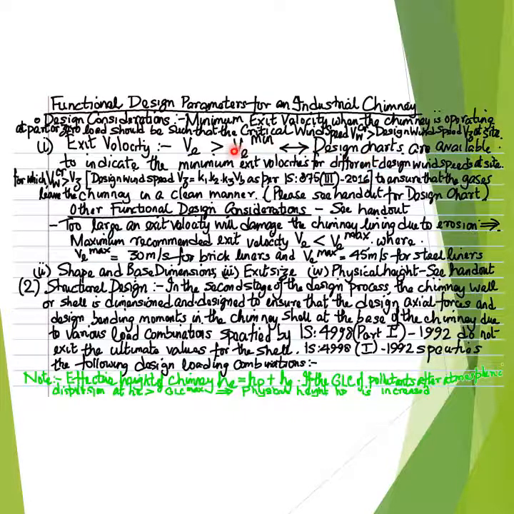the design charts that provide the minimum exit velocities for different design wind speeds that may be relevant for the construction site at which the industrial chimney is to be constructed are presented in the annexure at the end of the lecture notes, or the annexure that is presented at the end of the present lecture series.